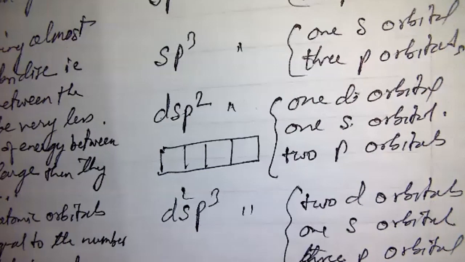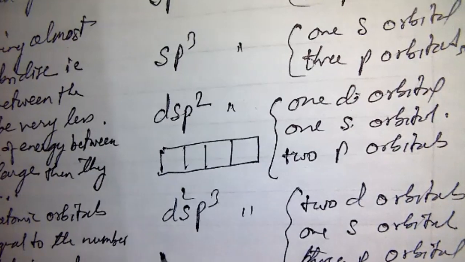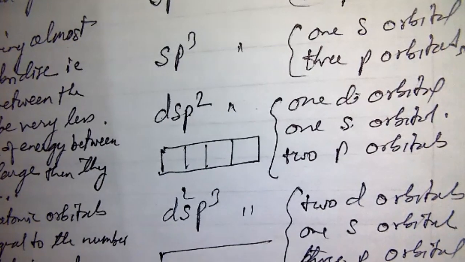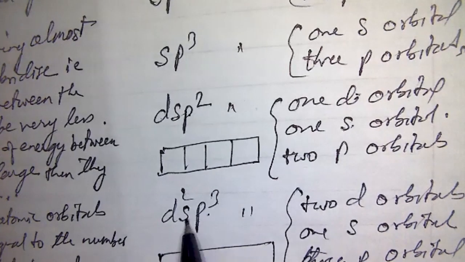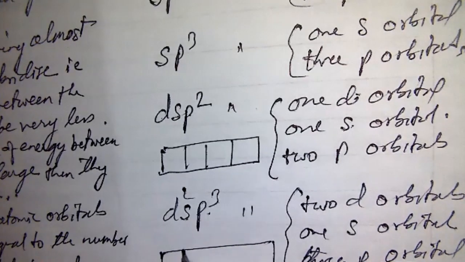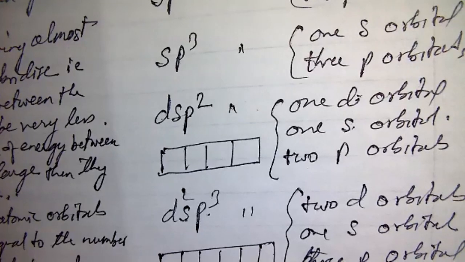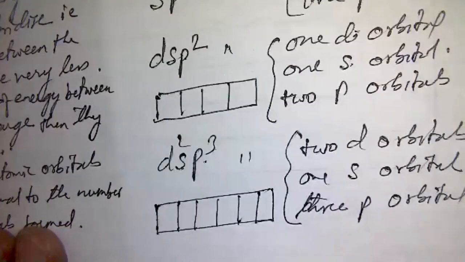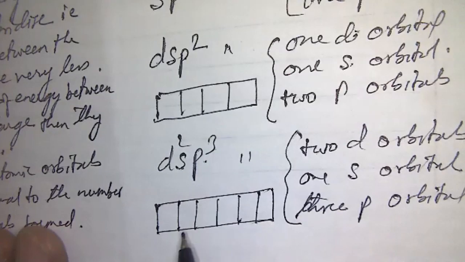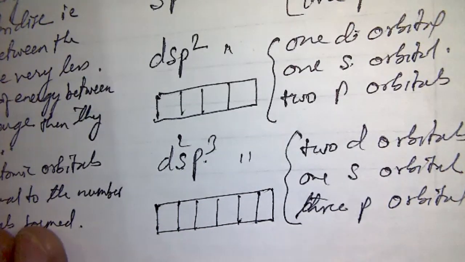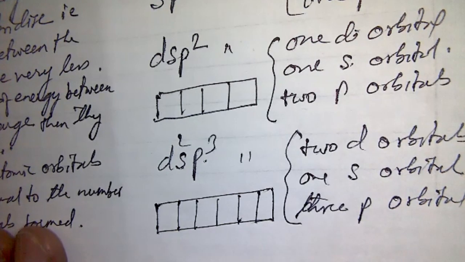These are combining. So how many will they form? 3, 4, 5, 6 are combining. So how many will be formed? 6 will be formed. 6 of them are combining, so 6 of them will be formed. Understood?